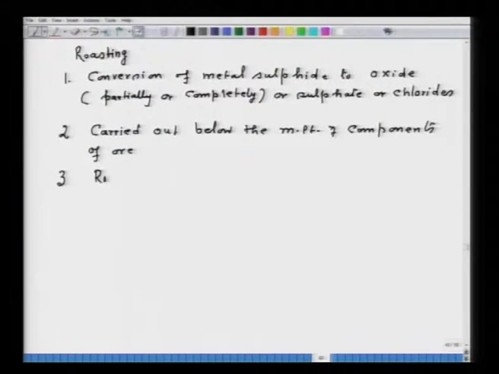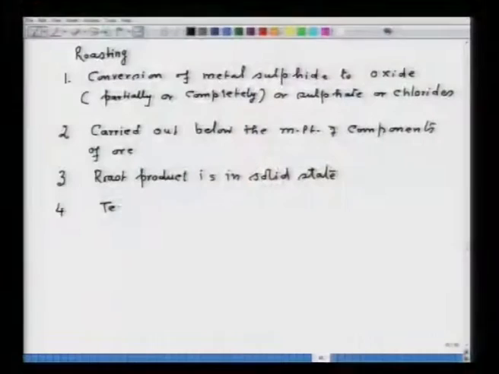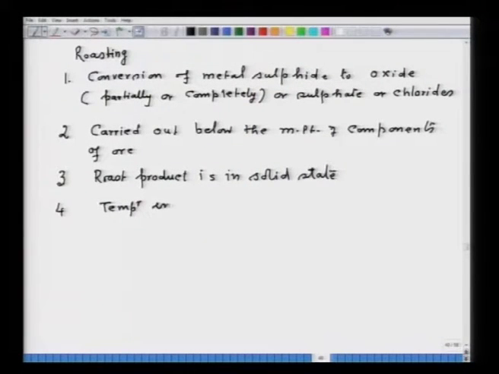So, by virtue of this, the roast product is in solid state. You have ore concentrate in the solid state, so the roast product is also in the solid state. The temperature involved during roasting is of the order of 900 to 1100 degrees Celsius. However, it depends upon various factors.